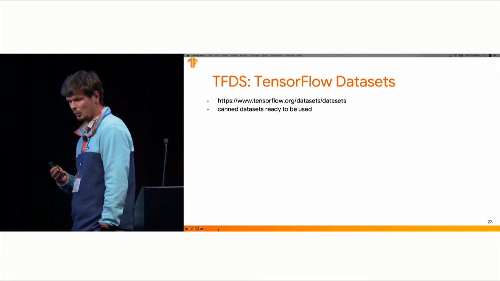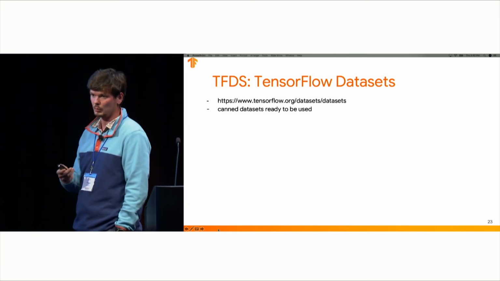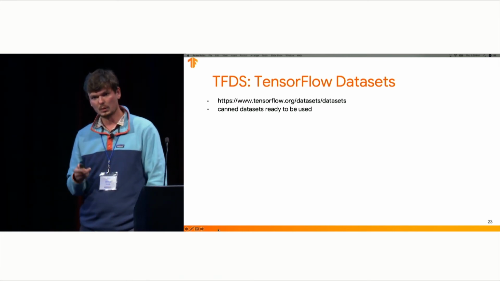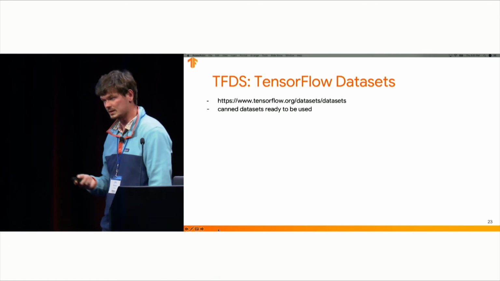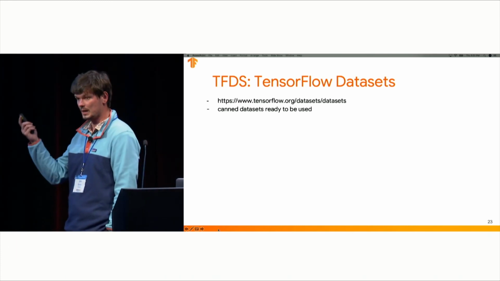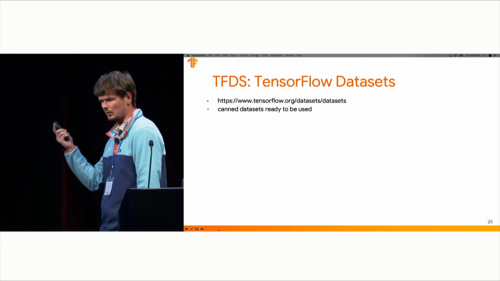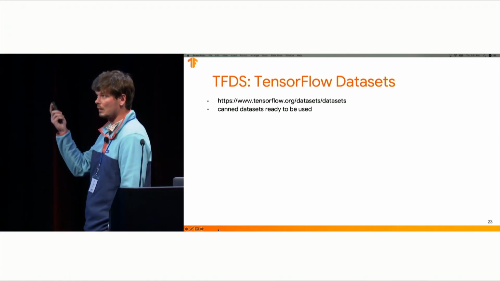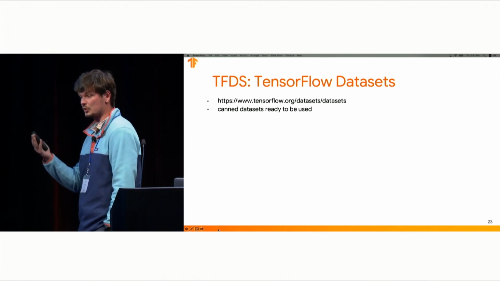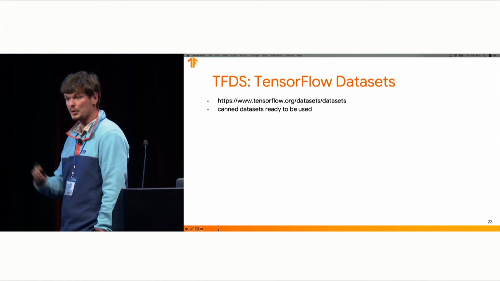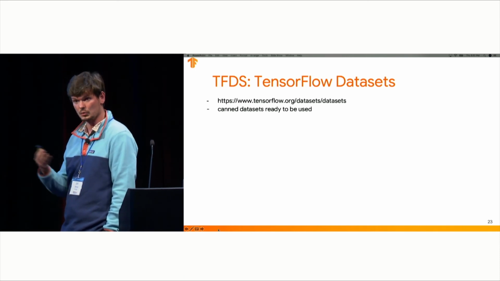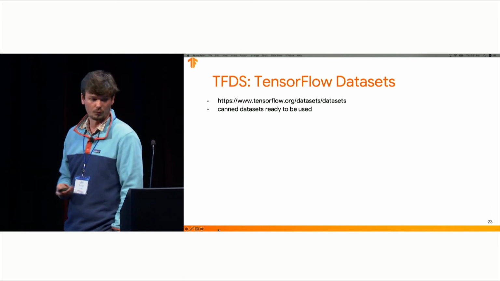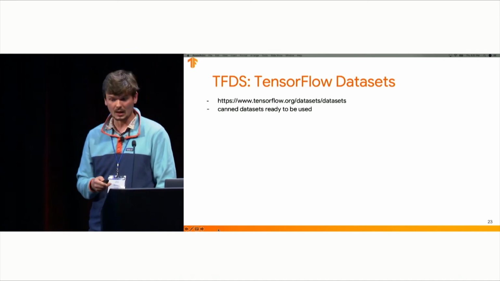But if you're looking for a quick way to get started with existing datasets, you probably want to take a look at TensorFlow Datasets, because it provides, I think at this point, 50 plus different standard datasets, with an already pre-made input pipeline that you can use off the shelf for your experimentation.